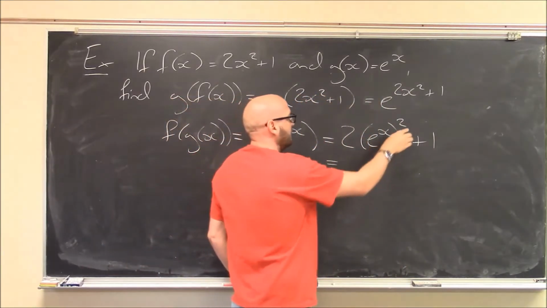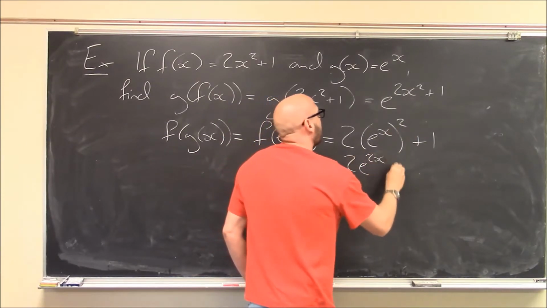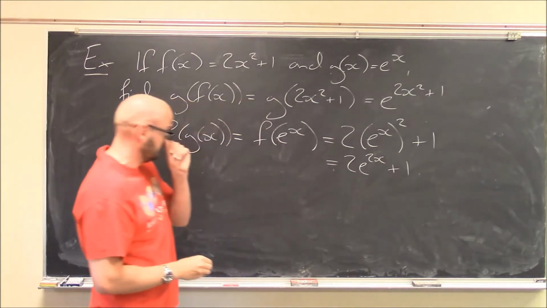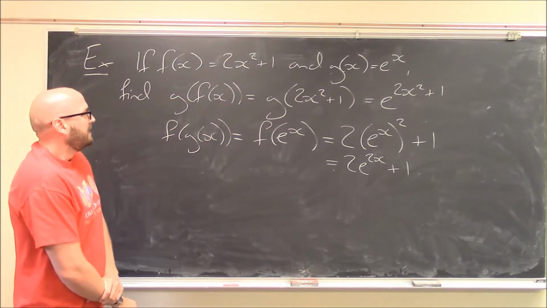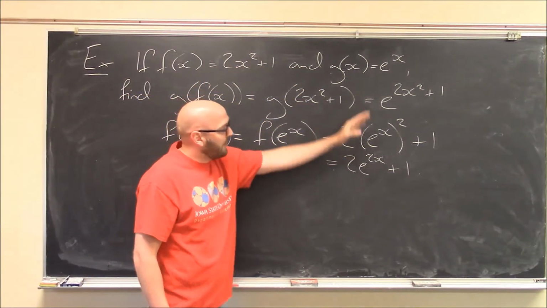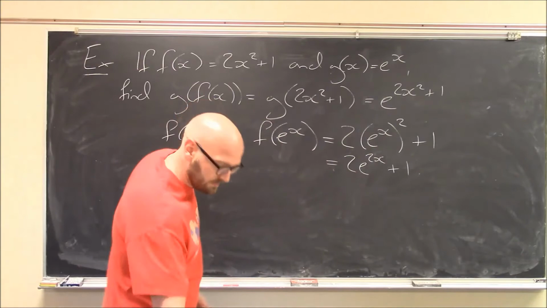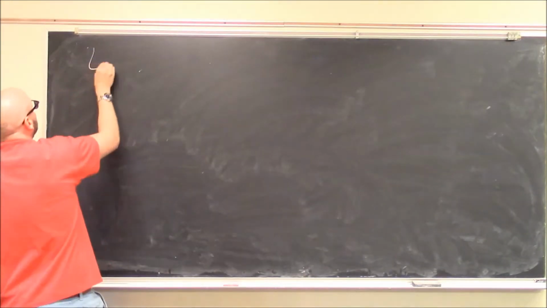Or, remembering our exponent rules, this is 2 times e to the 2x plus 1. Alright, so just based on these two simple functions we have, by composition we built up these sort of brand new functions that are much more exotic. So this is an important skill.